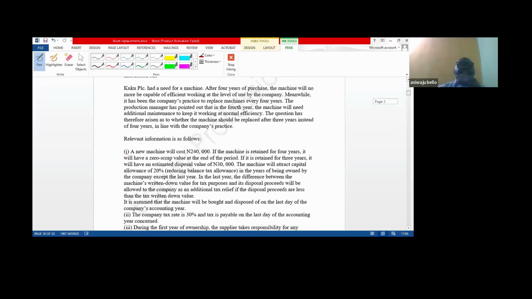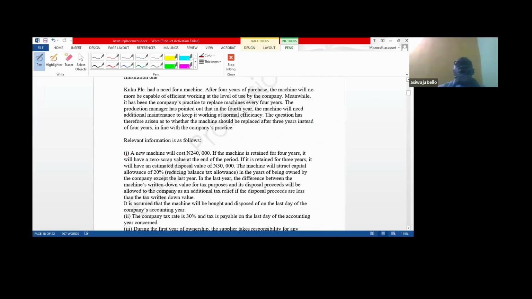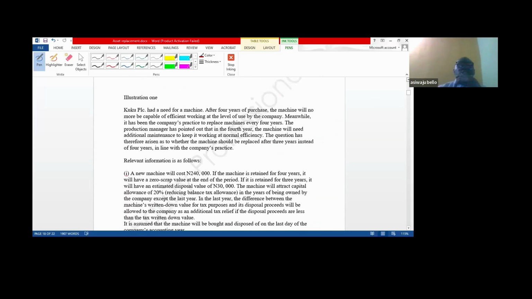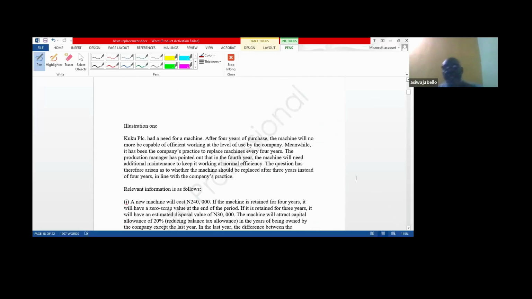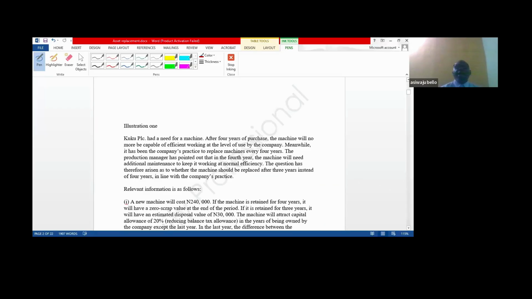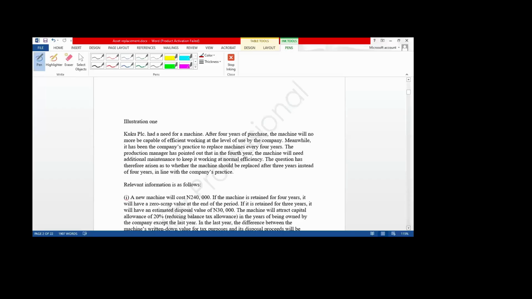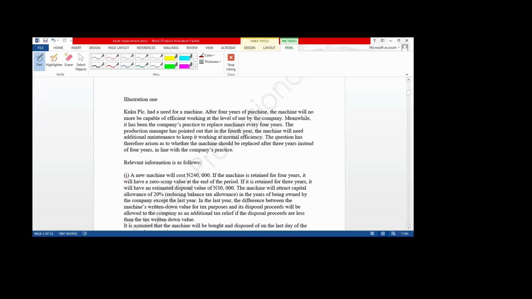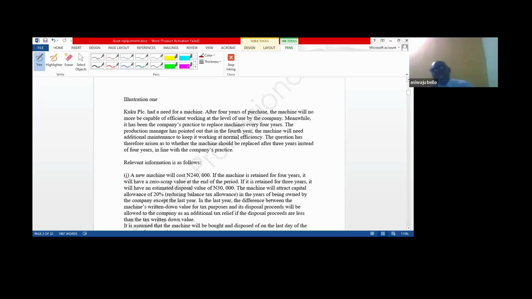Jamil cannot be in class. I'm sure it's because of the connections. It's even raining my side. It has been raining since morning in Delta State too.